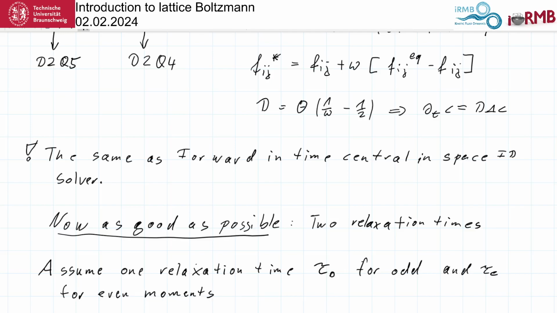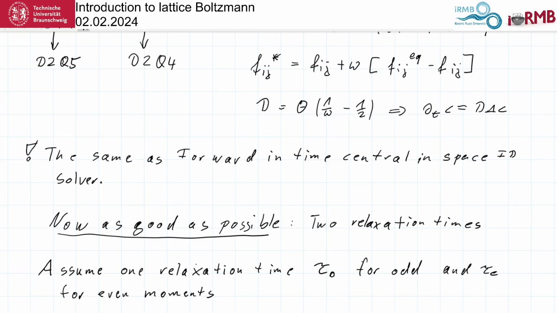So we split up our distributions or our moments in the odd moments and the even moments. I guess you know what this means. We have an order of a moment. For example, the 0 moment, the first order moment, the second order moments, and the 0, second and fourth are even order moments, and the first and the third are odd order moments. So we distinguish between the two of them.